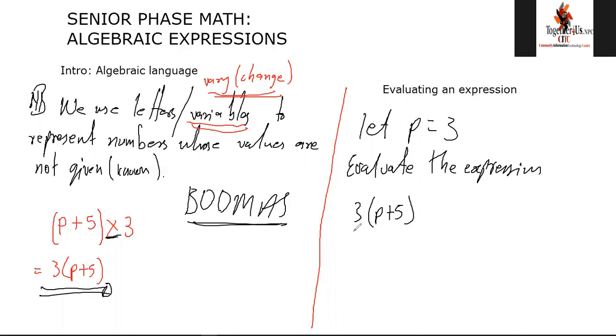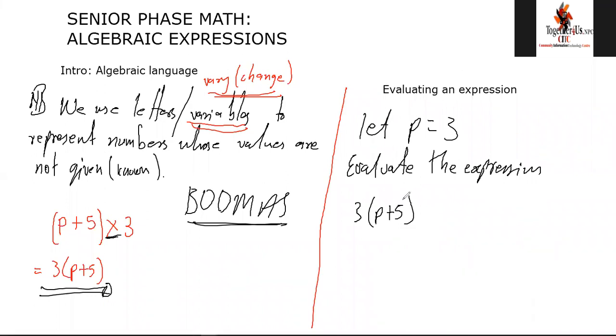When you have written something like this, we say 3 into p plus 5. That's another nice way to say it, okay? But I would not want you to say this right now because we are still developing your language, okay? Remember what we said, this means add 5 to any number, multiply the answer by 3, okay? I would like for you guys to stick to that to avoid further confusion, okay?